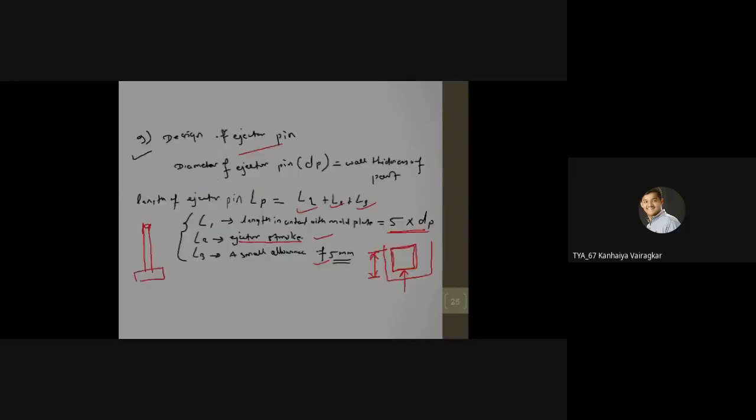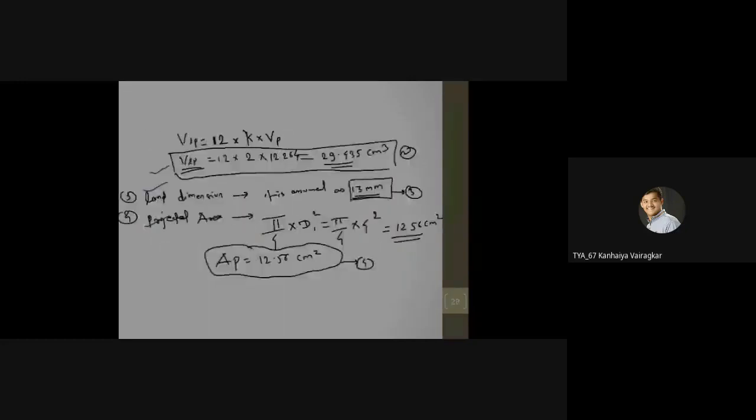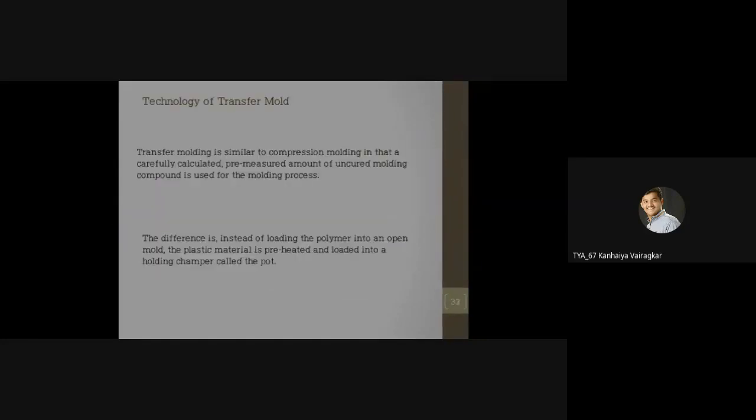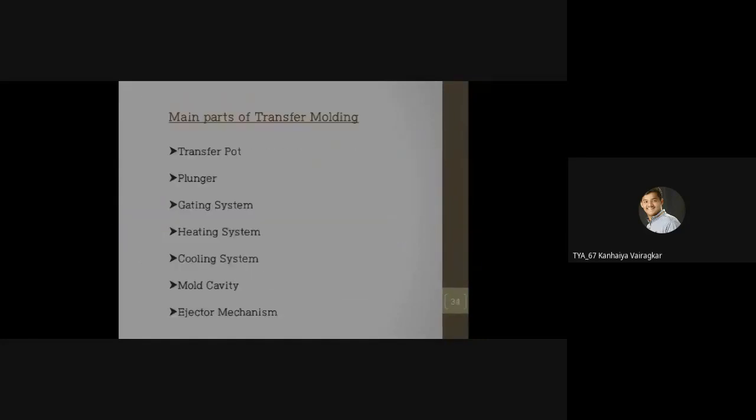So this was the part that we have seen. These are some main parts of the transfer molding. Same as compression molding, but some additional parts are there, like the transfer pot, plunger, and gating system.